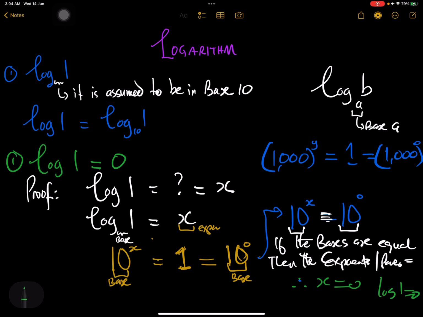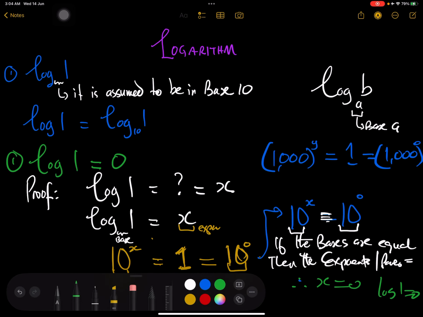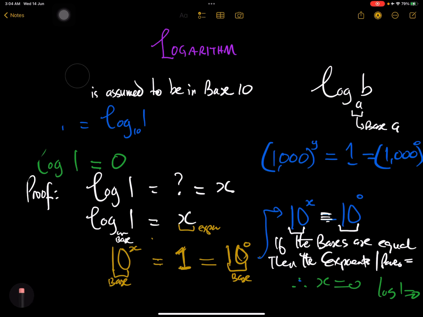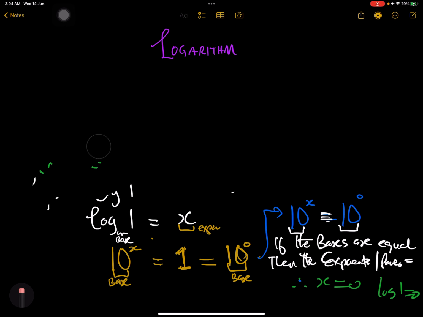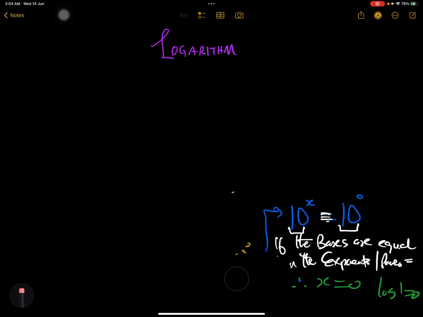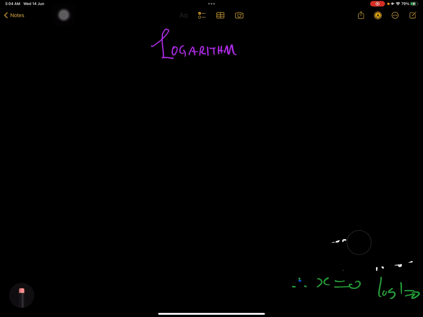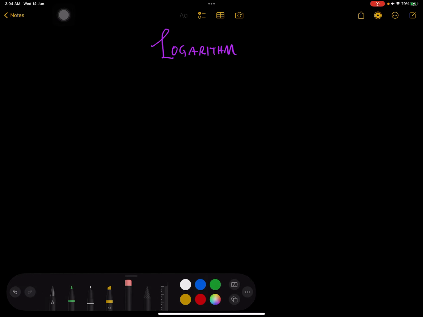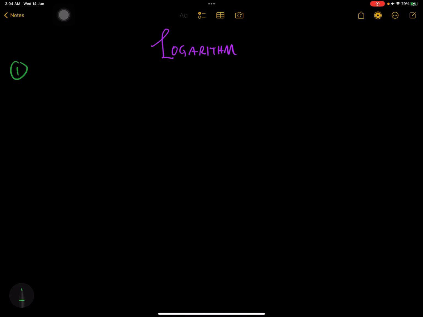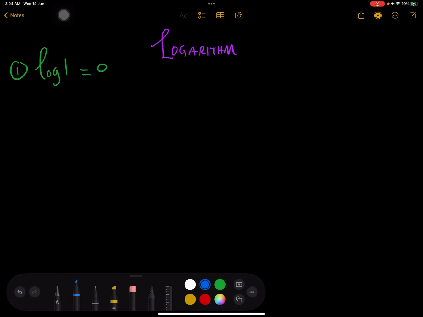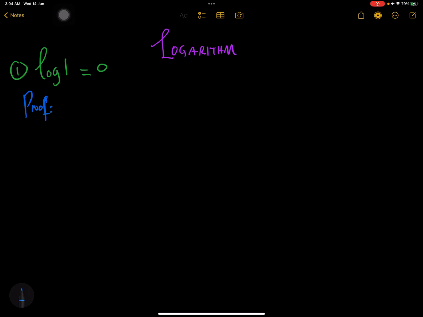All right. So we are going to write it very well. It's a bit clumsy, but the first law says that log 1 is 0. That's the first law. And we looked at the proof. The proof says that we should make log 1 equal to x.